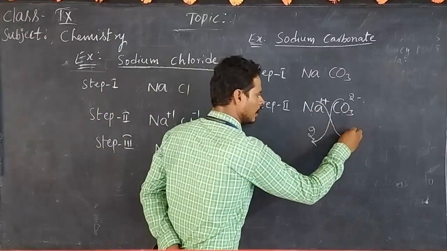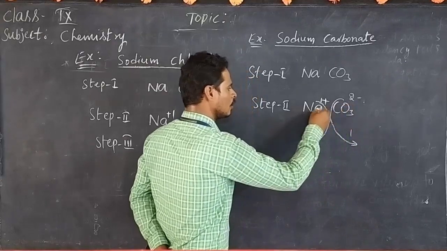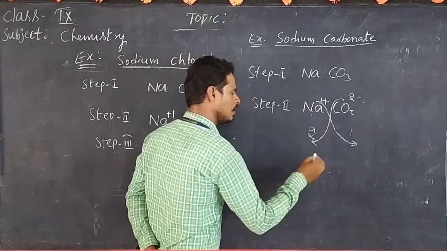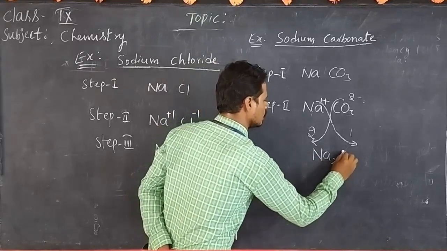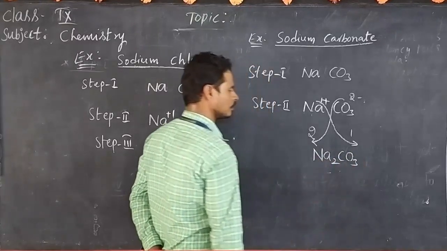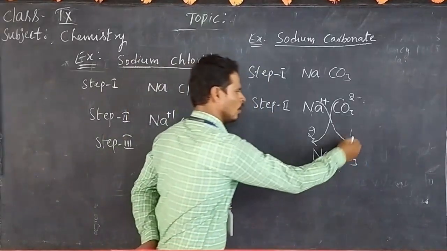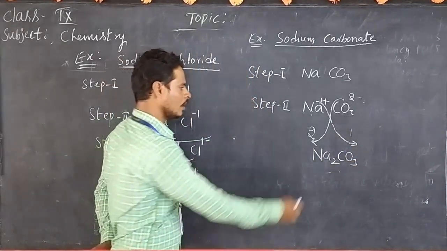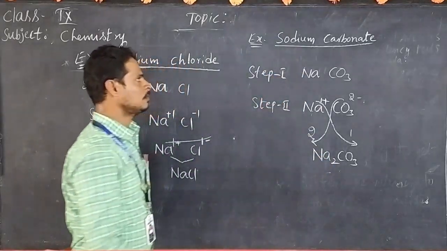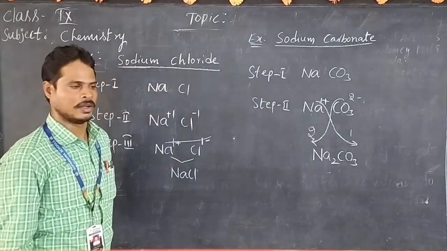Here this number is shifted to here. That's it. 1 carbonate, 2 sodiums. Now how can you write the formula? Na2CO3. Here only 1 is there, so directly you write CO3. This is the formula of sodium carbonate.